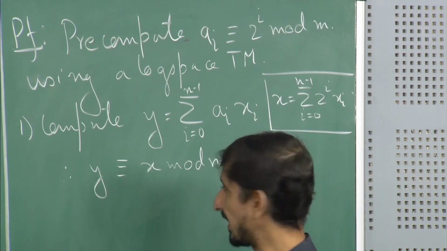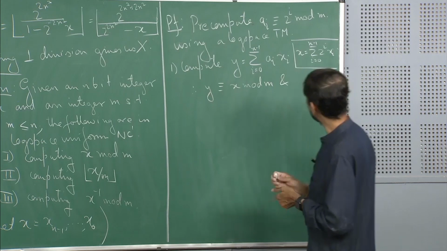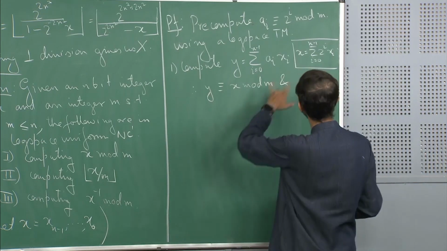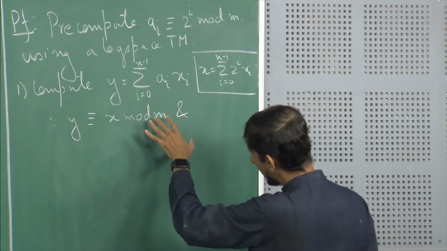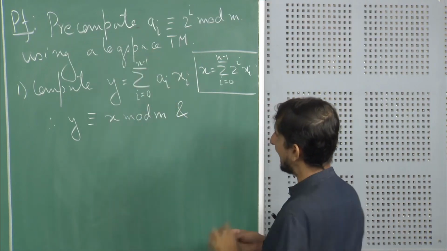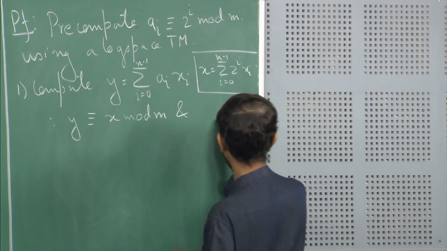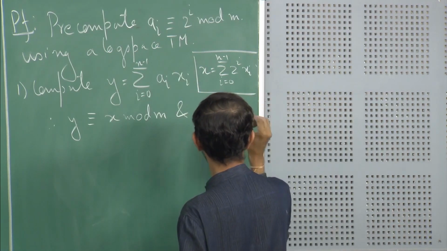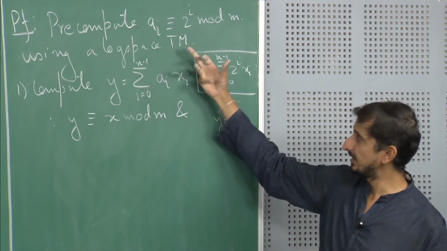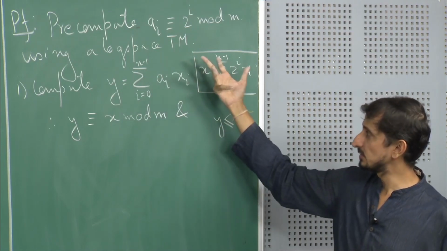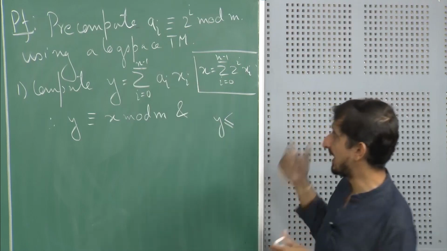Now, how large can y be? Note that a trivial upper bound is that y has n minus 1 many summands, and m can be as large as n.